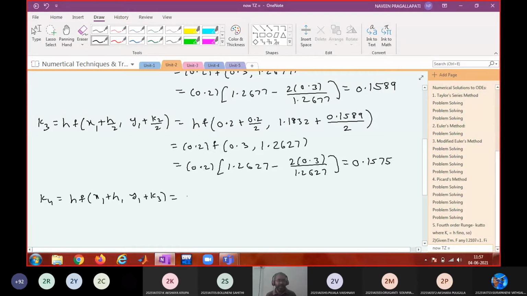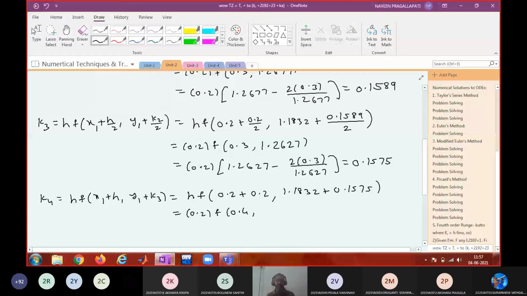So x1 is 0.2 plus h is 0.2, y1 is 1.1832 plus k3 is 0.1574. So this is 0.2 into f of 0.4 comma, what is that sum? 1.3407.